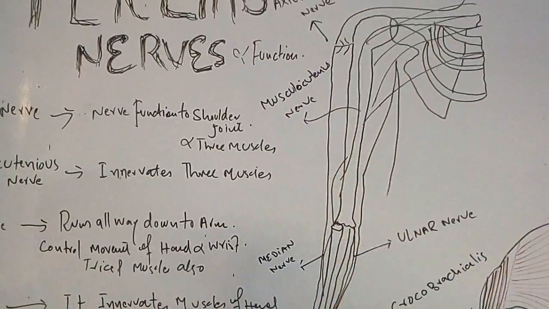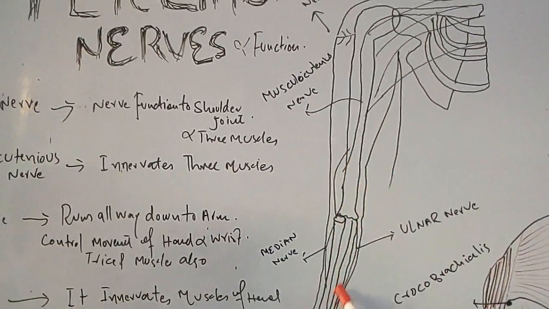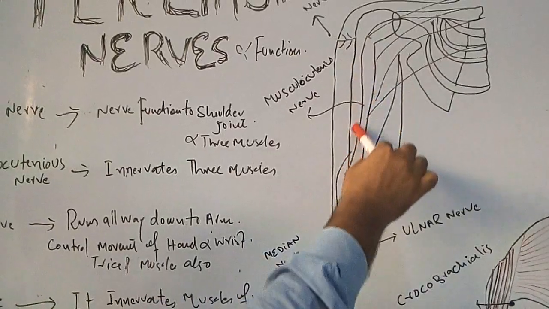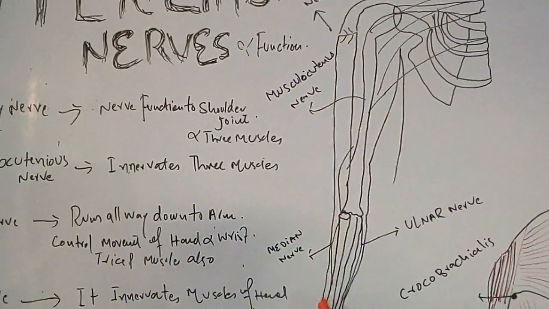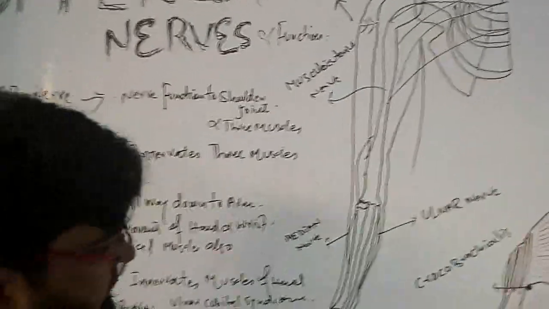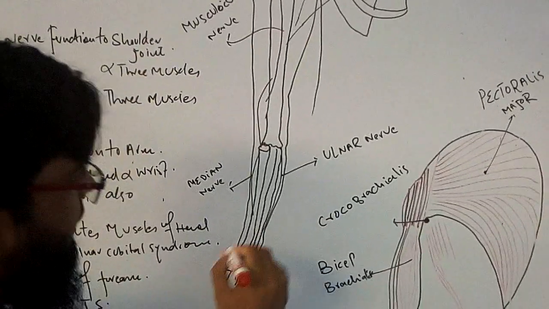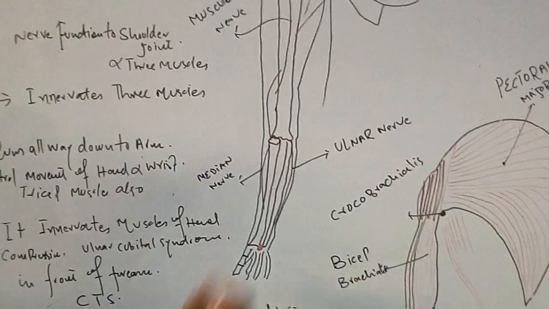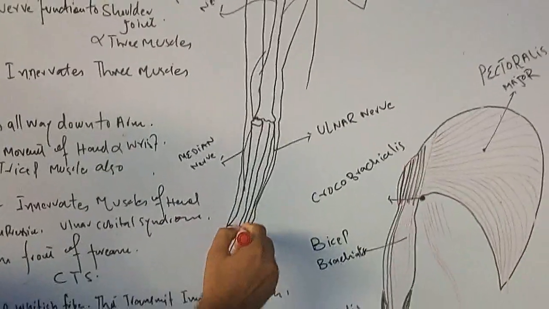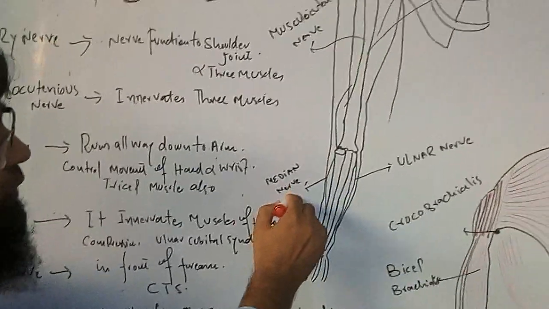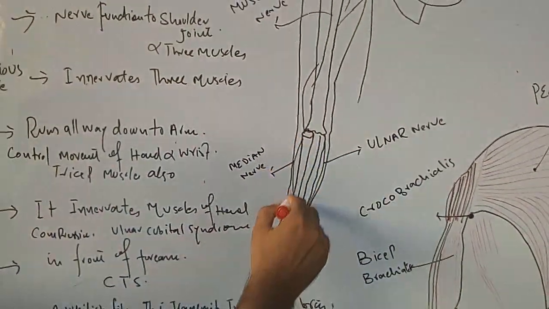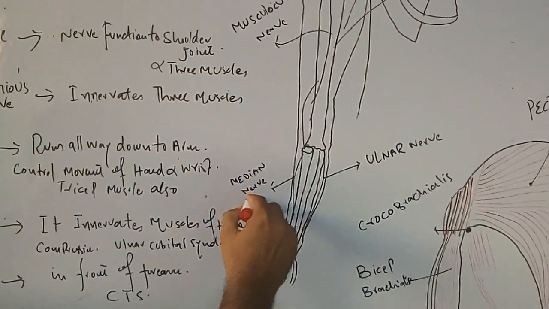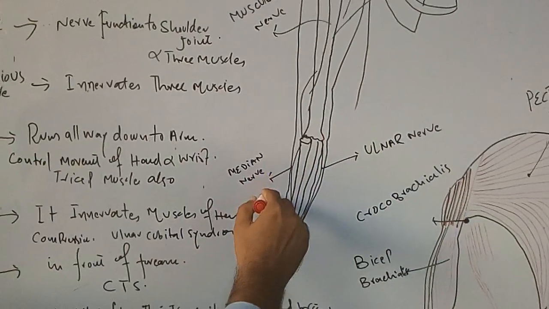Now we are looking at three more important nerves here. If you look at that, this one is in the middle of the arm, running from here to here. This is called the median nerve. And if you look at this point, this is the radial bone, and we call this the radial nerve.